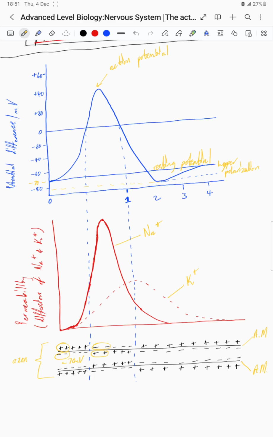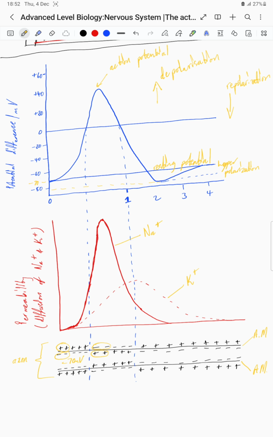Before we go further, in this direction on the blue graph, this is the depolarization. And then the fall of the graph is the repolarization. So we want to see how this depolarization and repolarization is brought about.